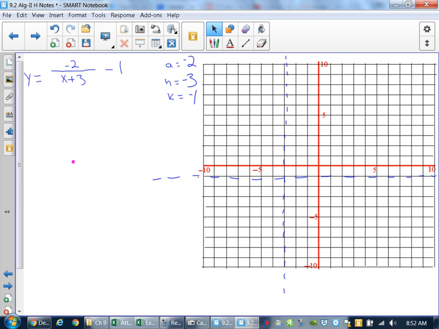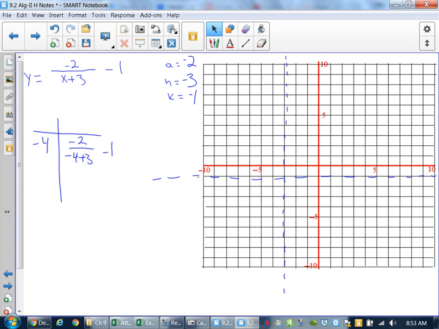Now I've got to pick values that are going to help make some sense out of this. The easiest thing to do is to pick a number that gives me a fraction that makes sense. For example, if I have an asymptote at -3 and I choose -4 for x, I get -2 over -4 plus 3, and I subtract 1.